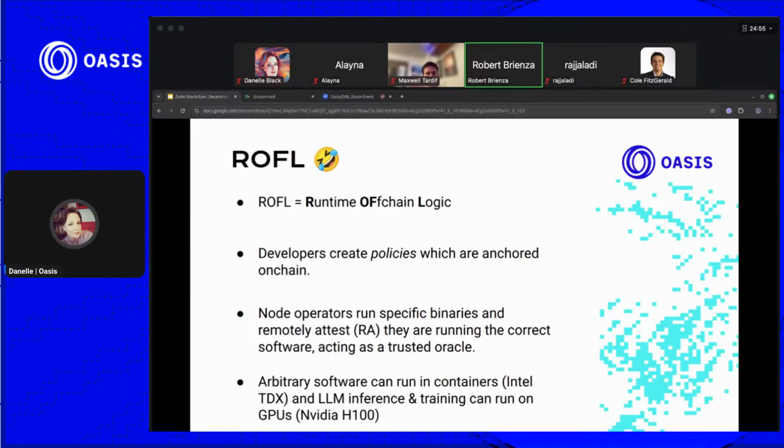In addition, we can have arbitrary software that runs in these containers. This is powered by Intel TDX. As a side note, TDX itself is built off of SGX, so I would not confuse the two, but they are definitely related and they do sound similar. That is intentional. TDX is CPU based, but we can also do things now like LLM inference and training. Since this runs on the GPU, we need a GPU that has hardware level support for this.